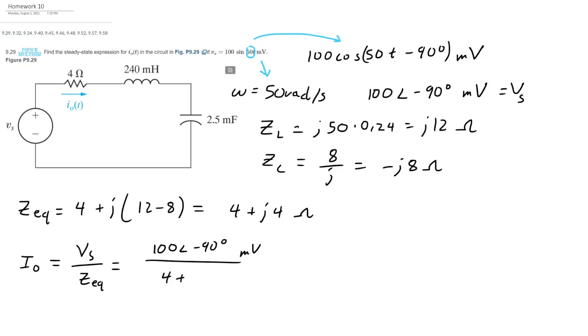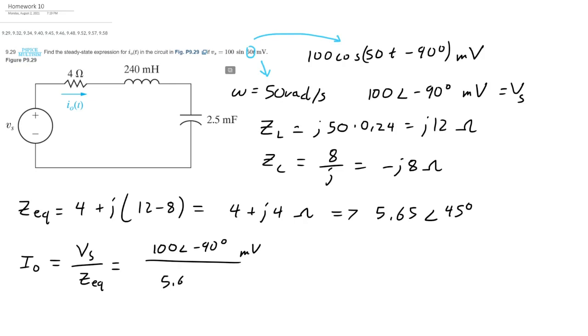We have to convert this to a phasor first. We don't have to, but since I have it in phasor form, it makes it easier. So this is going to be the square root of 32, which is 5.65-ish. Phase angle is 45 degrees, since the arctangent of 1 in the first quadrant is 45 degrees.